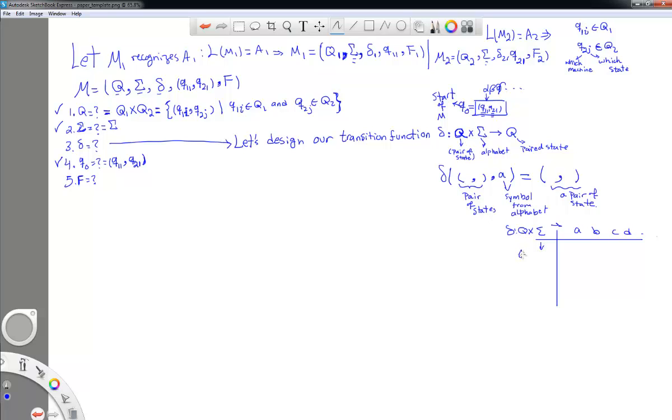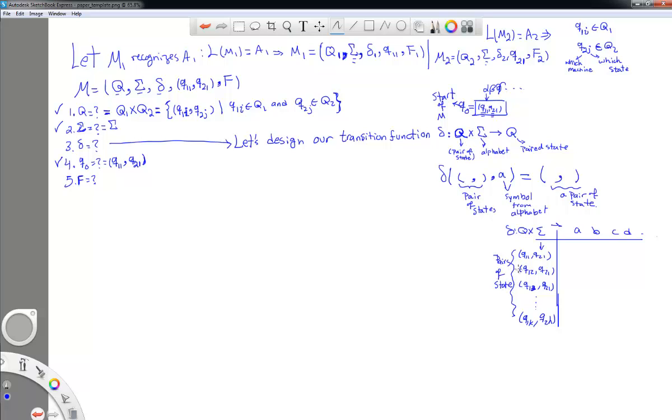So in my case, I've got Q11, Q21, and then Q12, Q21, and then a pair Q12, Q23, actually, Q21, all the way down to Q1K, let's say, and Q2H, right? So if K and H were the maximum Qs that I had, this is basically all of the pairs of states that are out there.